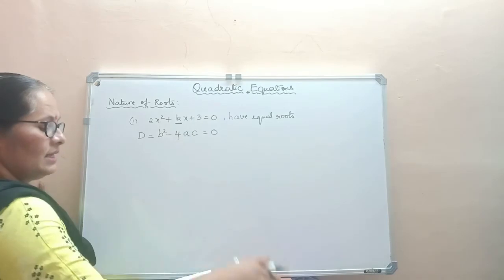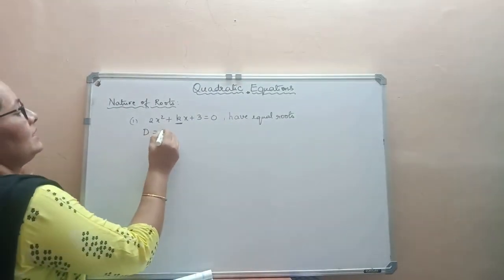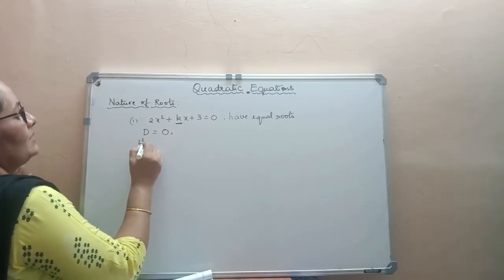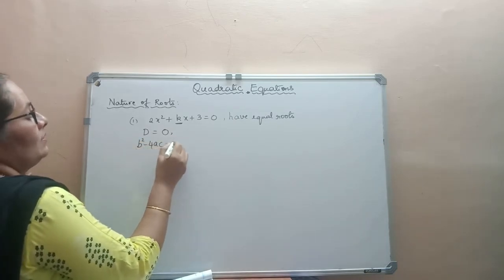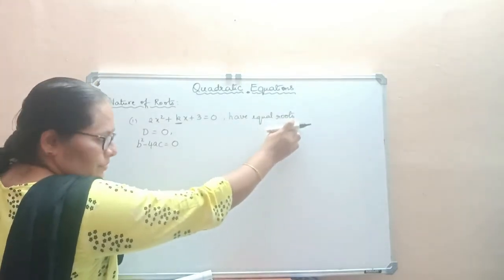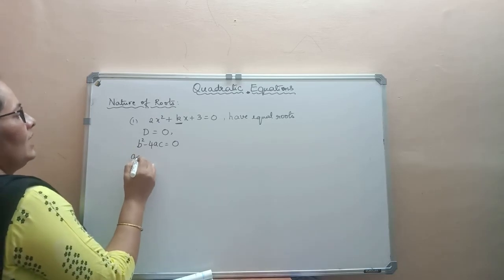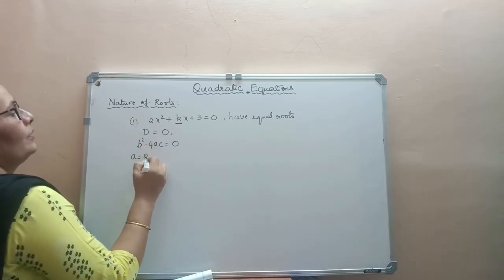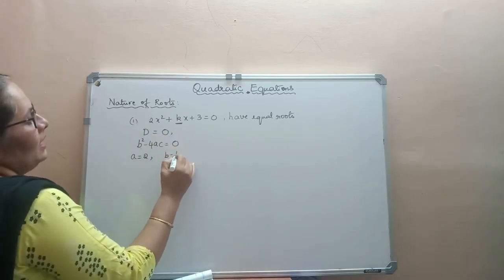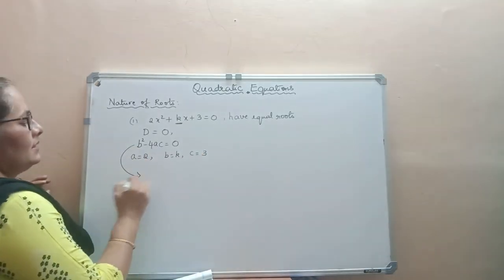When the discriminant is equal to 0, that is b square minus 4ac equals to 0, then we get equal roots. Okay, now in this quadratic equation, what is a? a is 2. What is b? b is k and c is 3. Okay, substitute in this equation.